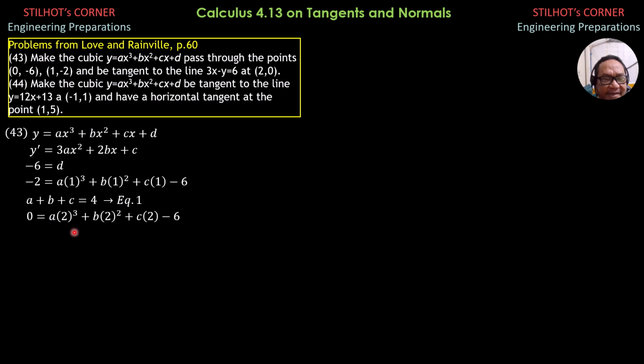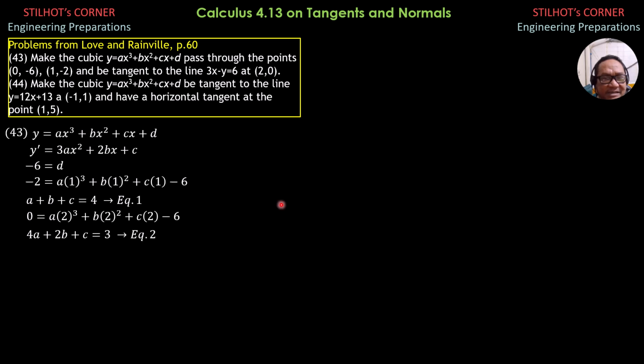So 4a plus 2b plus c equals 3. Again, 4a plus 2b plus c equals 3. That is this equation divided by 2, and transposing this to the left to make it positive 3.